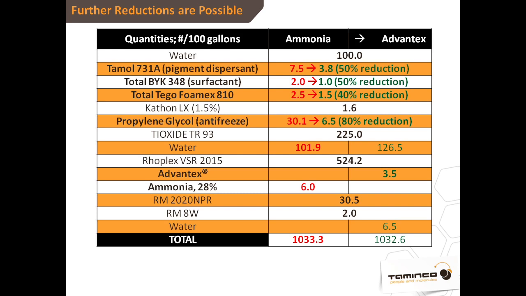Upon switching from ammonia to Advantex, we have a 50% reduction in necessary pigment dispersant, a 50% reduction in the necessary surfactant, and a 40% reduction in the defoamer. And there was an 80% reduction in necessary antifreeze, as discussed on the previous slide. So we now have a significantly more economically feasible paint. We have a cheaper paint formula.